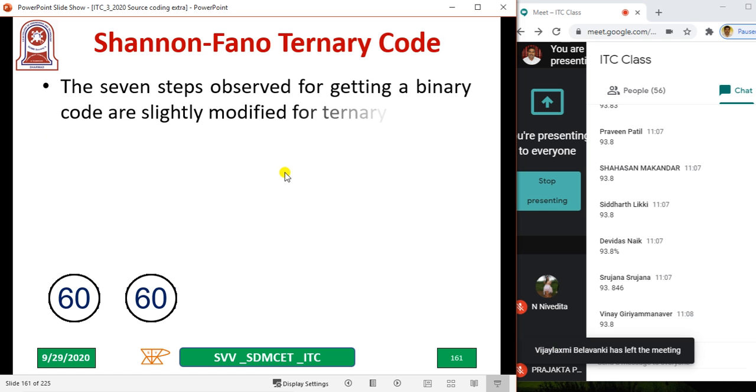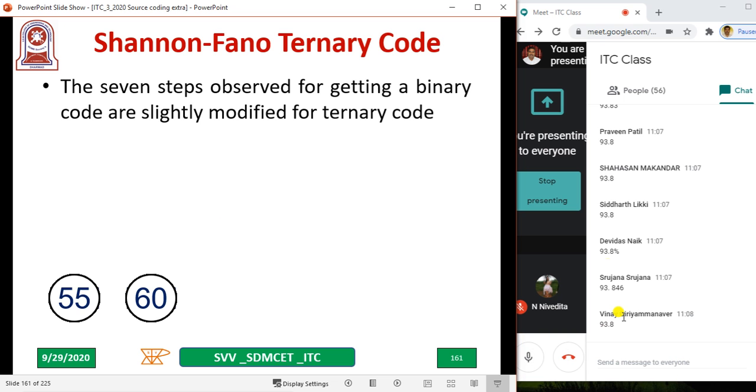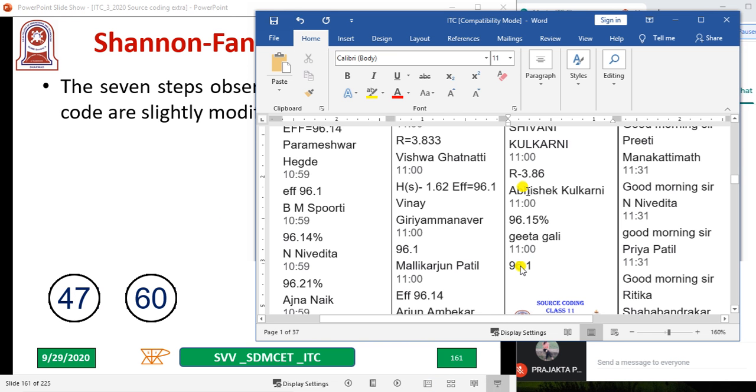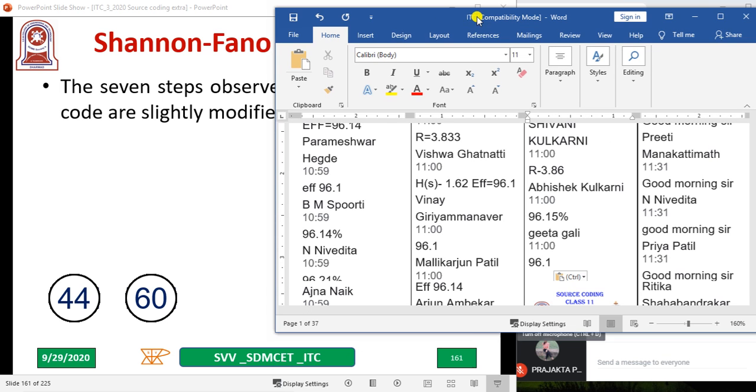The 7 steps observed for getting a binary code are slightly modified for a ternary code.